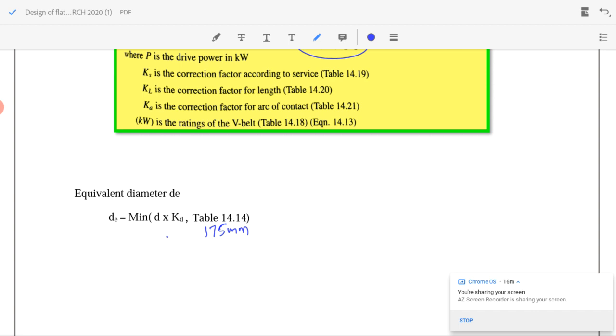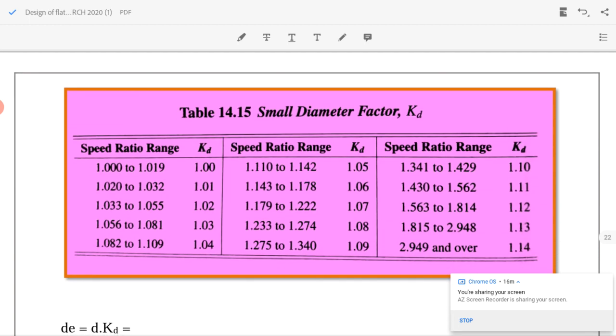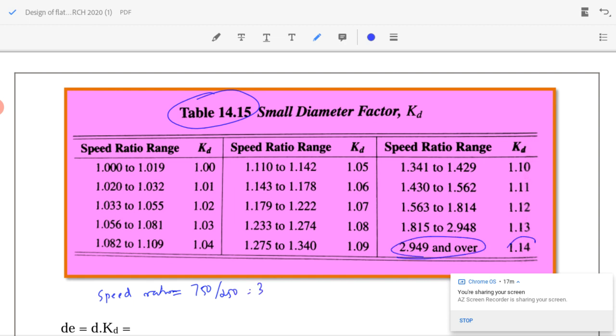So I will find D into KD. In order to find KD, there is a table given here. In table 14.15, I can find for speed ratio greater than 2.9, and our speed ratio was 750 by 250 equal to 3, which comes in this range, for which KD equal to 1.14.